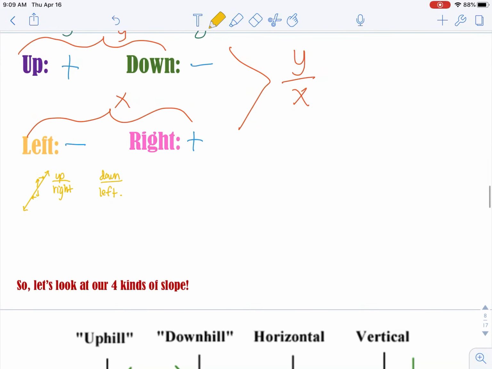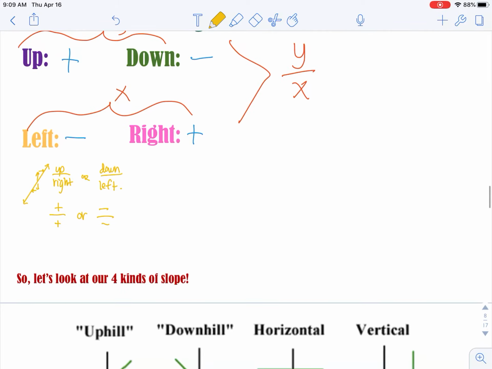So when I'm doing this, I know up is plus over right is plus, or we have down is minus over left is minus. So I can say a positive divided by a positive is positive.